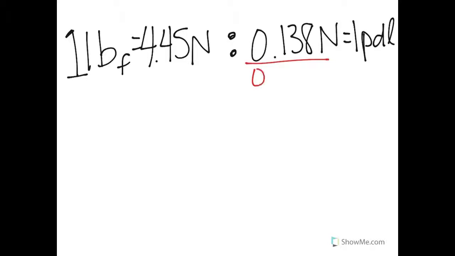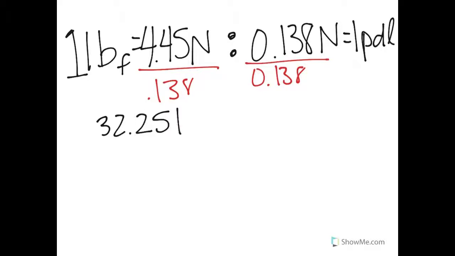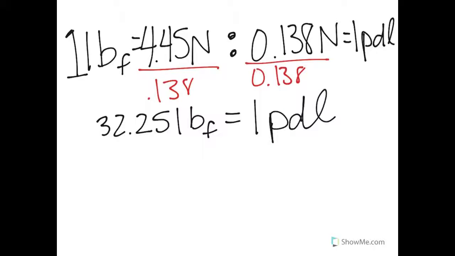Now, if we divide by the smallest, we get that 32.25 poundals is equal to 1 pound force.